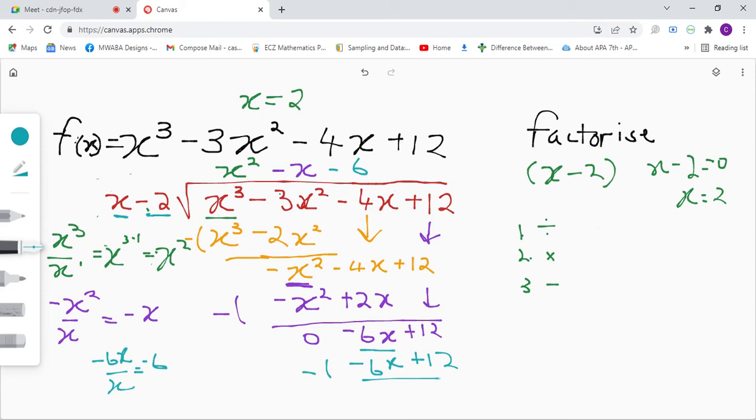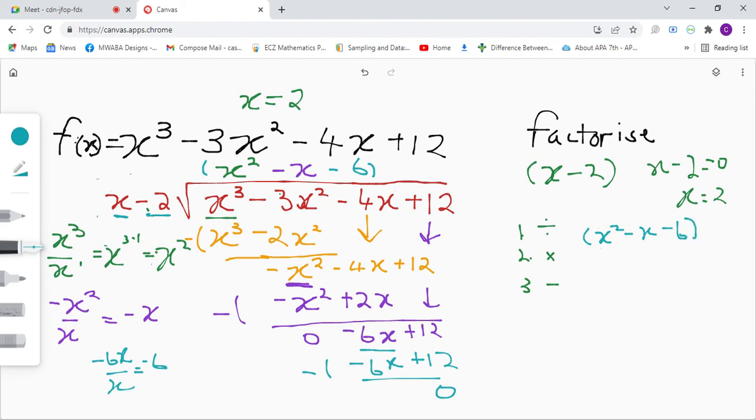Negative 6x minus negative 6x gives us 0. 12 minus 12 gives us 0. So x squared minus x minus 6 is our other factor.